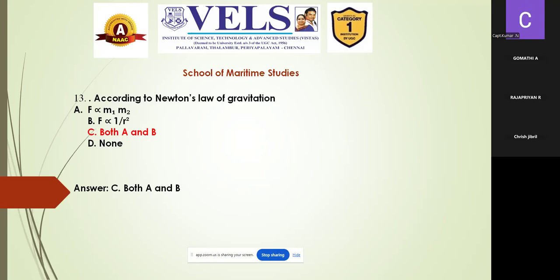So we can write F is directly proportional to M1 into M2 divided by R square. The answer is option C, both A and B.